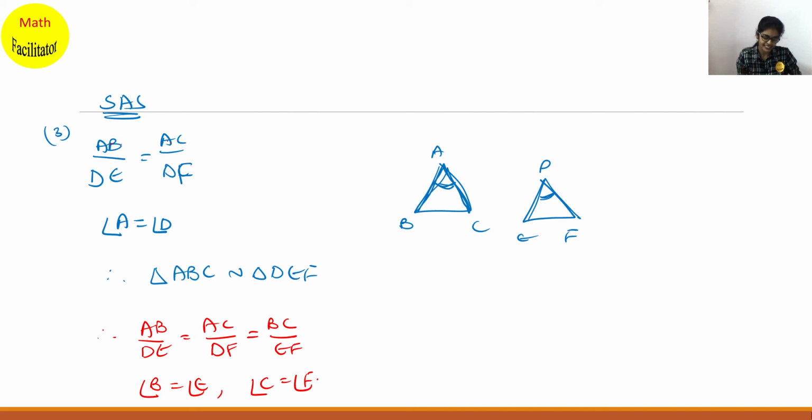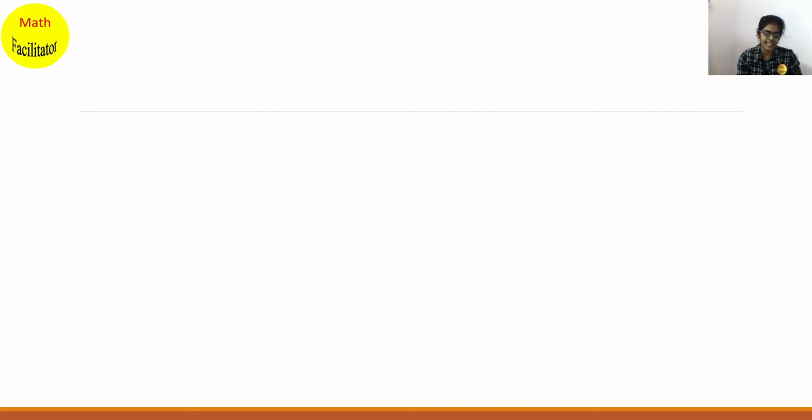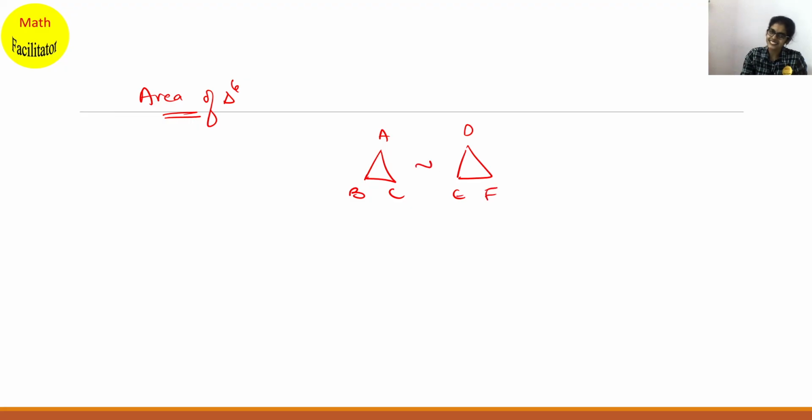Next, you have the area of a triangle concept. Area of two similar triangles. Suppose this is triangle ABC and you have triangle DEF, and ABC is similar to DEF.